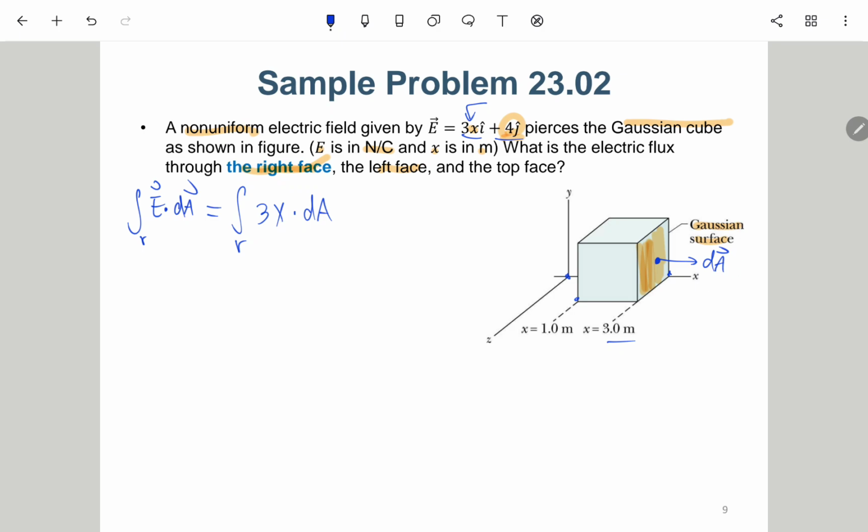So in this case, dA is actually dA times i hat, since this is the x-axis.